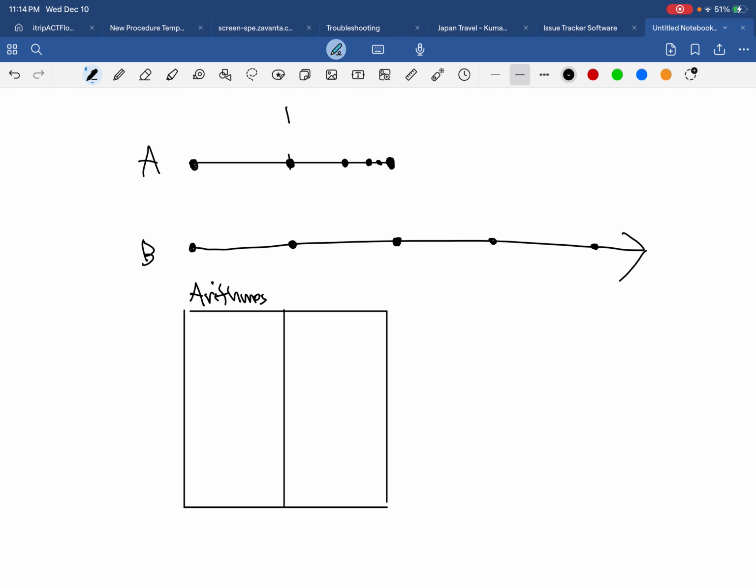And on the other side, he called it the logos arithmos, or logos, which means ratio, and arithmos, which means number. He concatenated the two words.